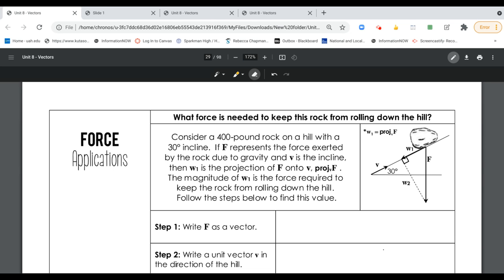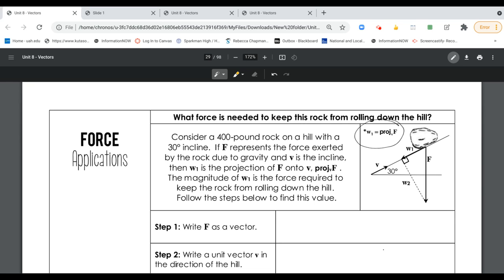So in our first example, what force is needed to keep this rock from rolling down the hill? That is our question. Now notice that we are searching for W1. So consider the 400 pound rock on the hill with a 30-degree incline, as you see.